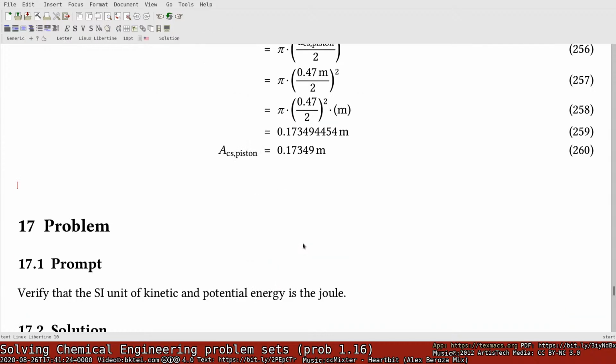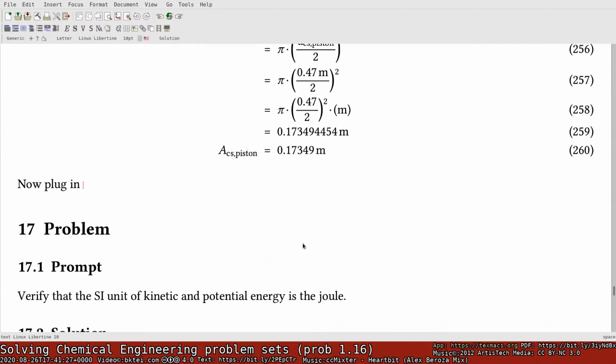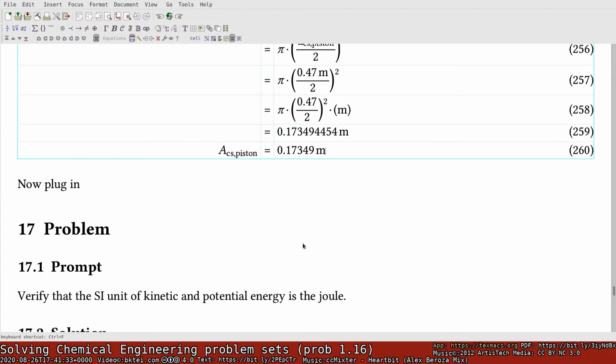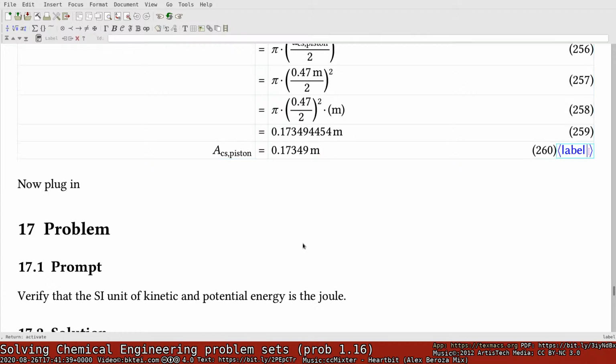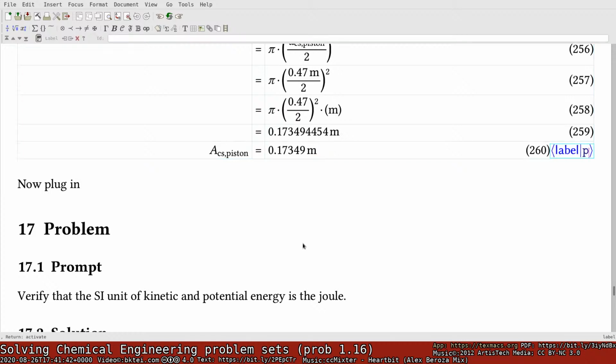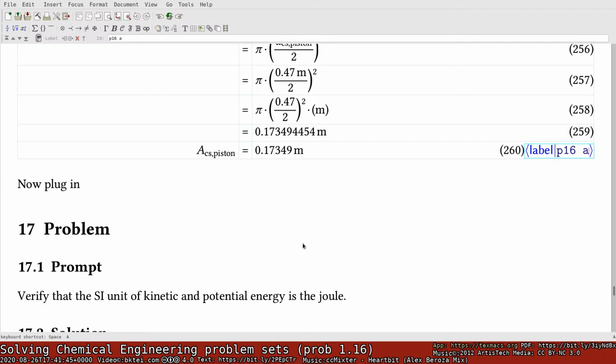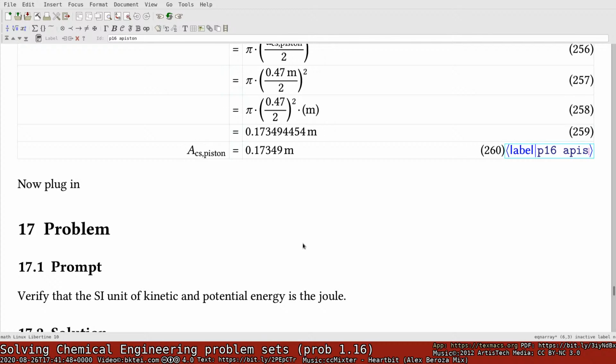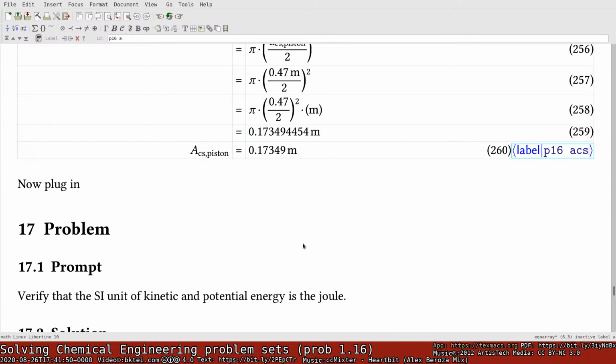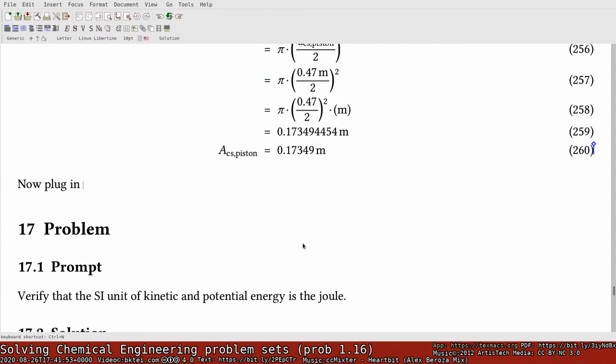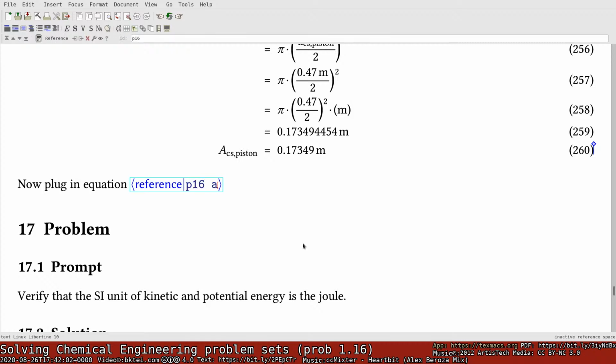And so now we can plug in. Let's put a label on this one, equation 260 here. So let's see, that's meta shift bang, make a label, we'll call this problem 16, area CS piston, all lowercase. Now plug in equation meta shift x, problem 16 area CS piston into equation.